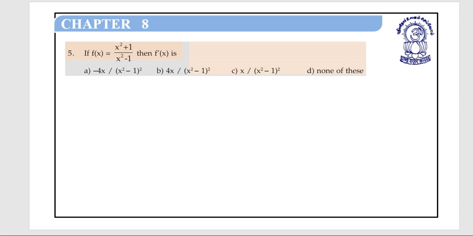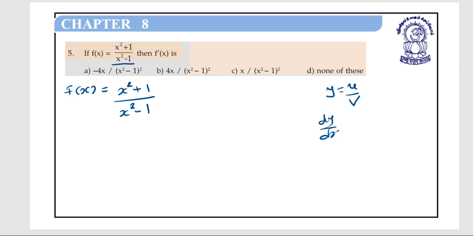Question number 5. If f of x is equal to x square plus 1 upon x square minus 1, then f dash x is. Here f of x is equal to x square plus 1 upon x square minus 1. So you have to use the y is equal to u by v formula.